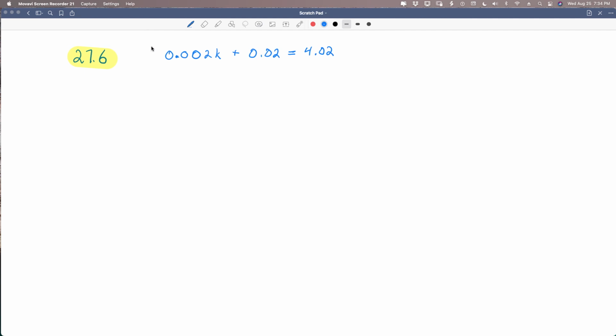And if it helps you to visualize, just put parentheses around the whole thing and then count. 1, 2, 3. Okay, that's the biggest number of decimal spaces. So 1, 2, 3, and then put a 1 in front. And that's what you're multiplying.